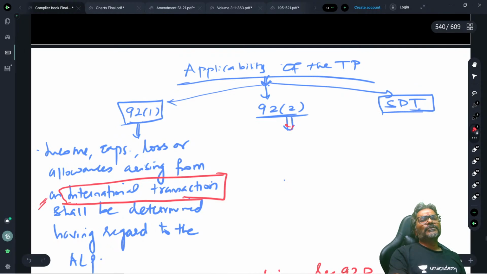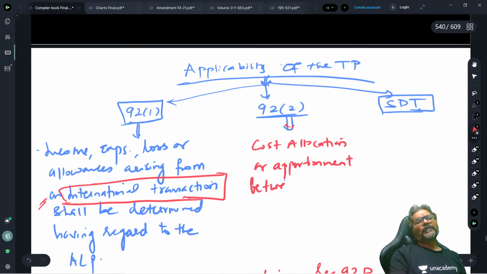Now 92.2, students, is about the cost allocation or apportionment. Cost allocation or apportionment between whom?